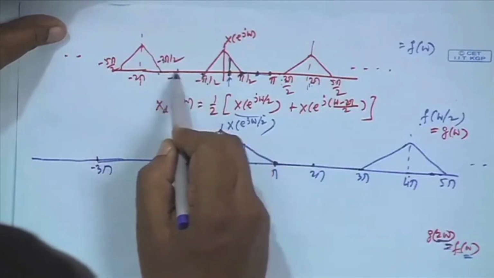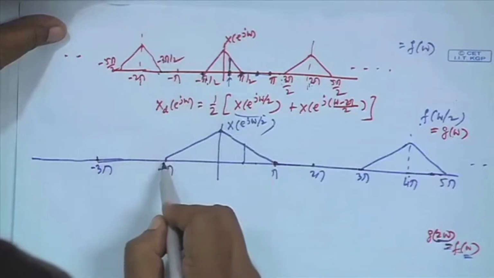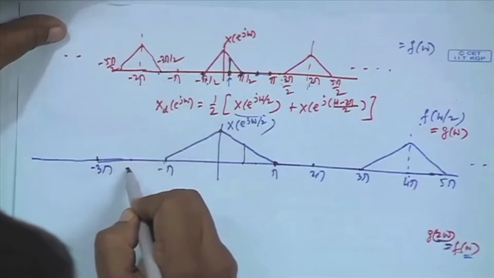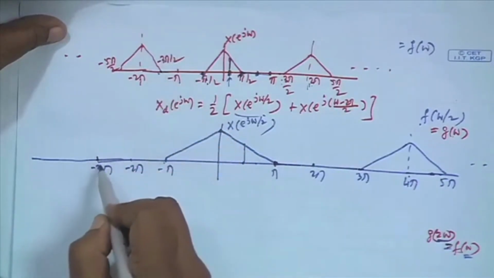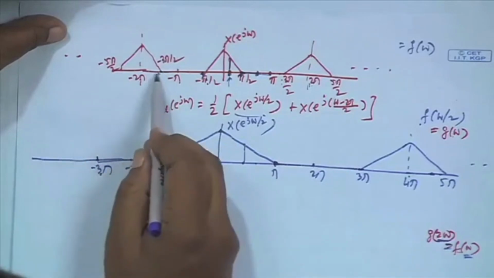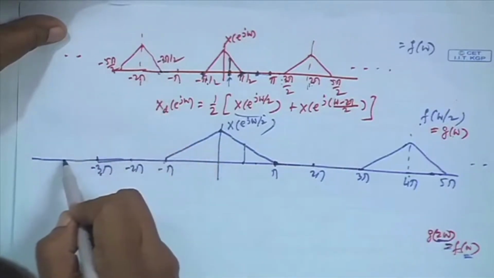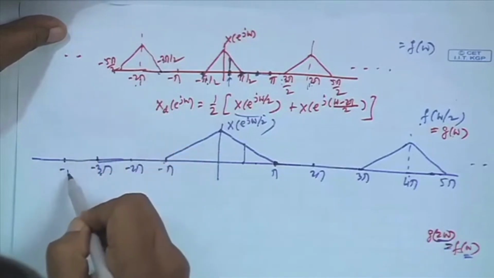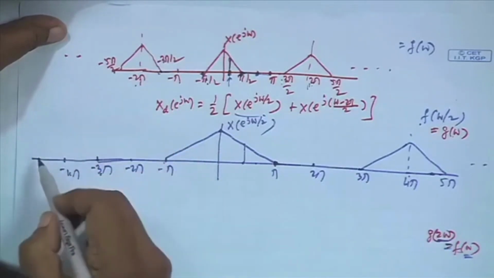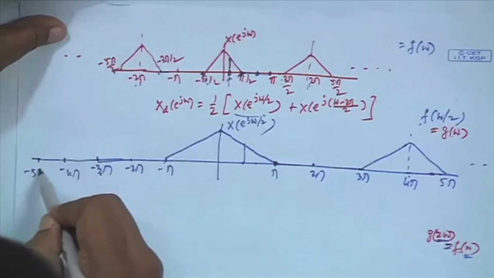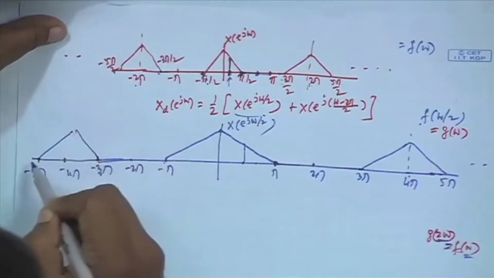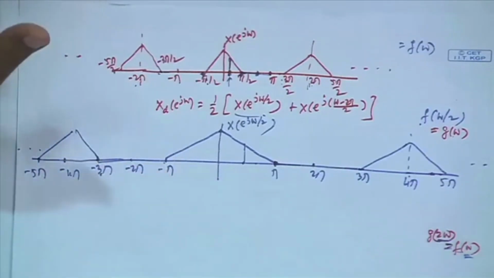So from here to here I had zeros; minus pi by 2 will go to minus pi, minus 2 pi, minus 3 pi by 2 will go to minus 3 pi, and then from here to here minus 2 pi becomes minus 4 pi, minus 5 pi by 2 becomes minus 5 pi, and you have one more such block, and so on.